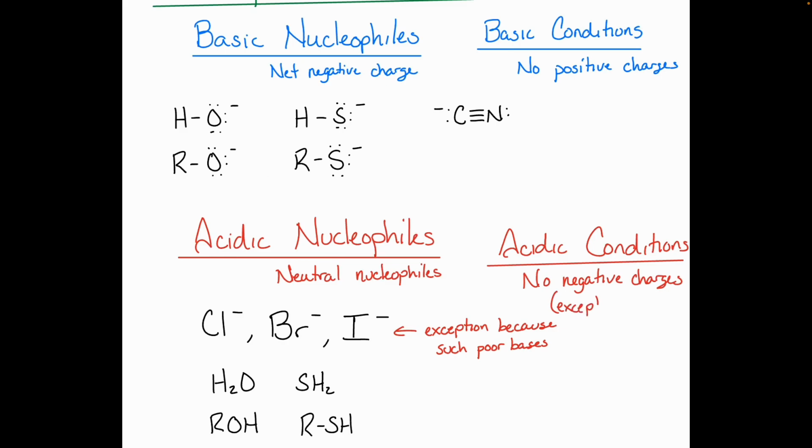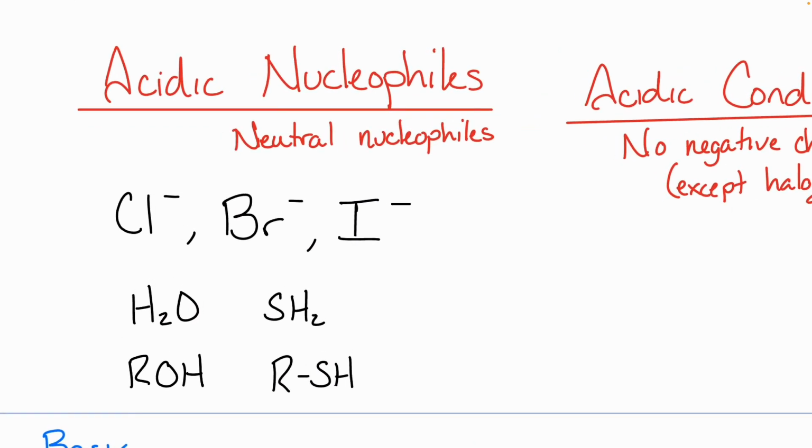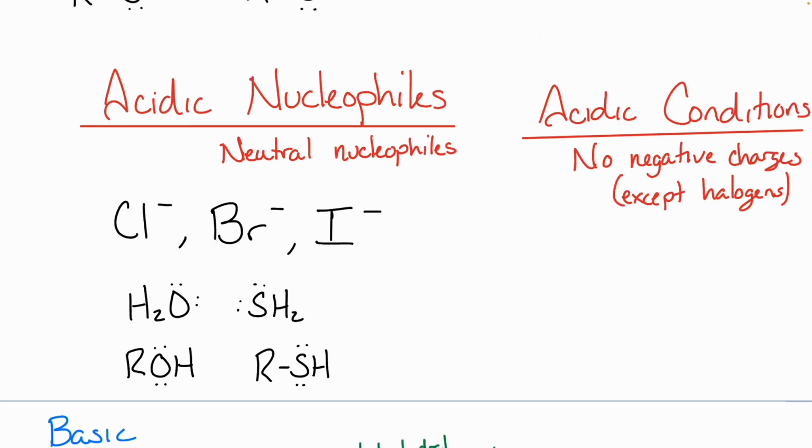And then we made that exception for the halogens. Okay. So our acidic nucleophiles, we have our halogens as well as our neutral compounds. So our oxygen with its lone pair can still be a nucleophile in water. Our oxygen with its lone pair can be a nucleophile in, for example, an alcohol. Same thing with sulfur. Sulfur is a good nucleophile even when it's neutral. We can have that under acidic conditions. All right.